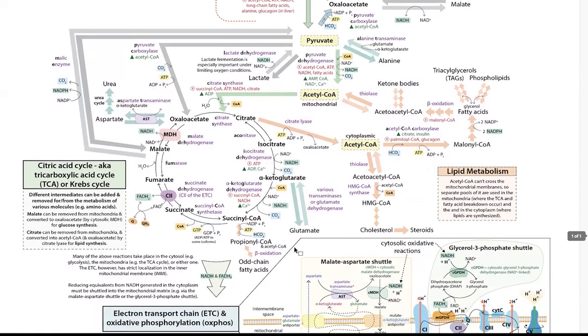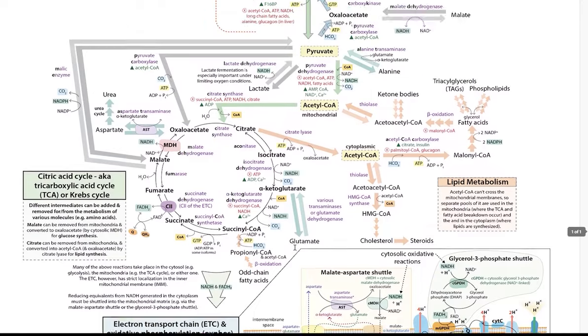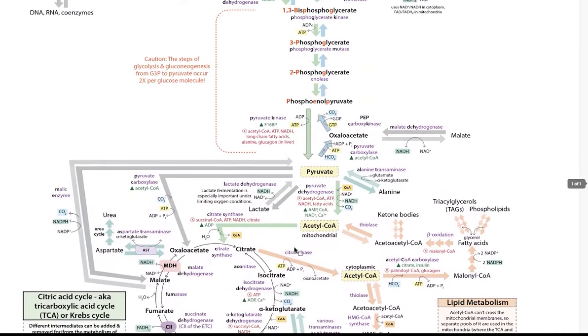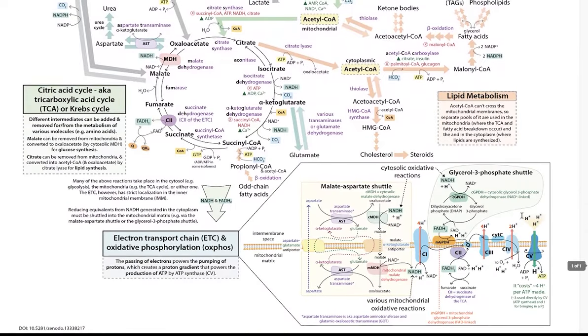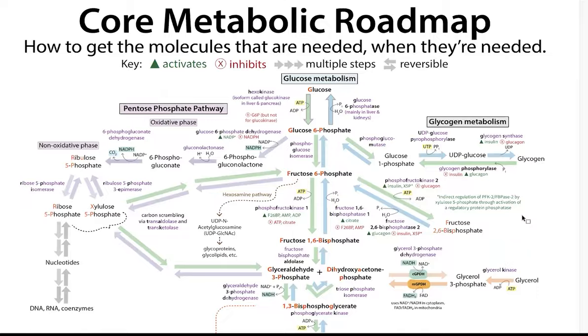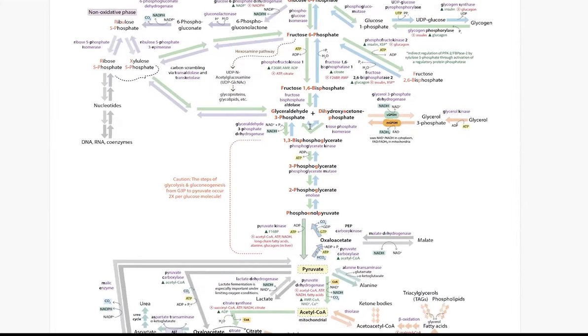But sometimes you have too much energy. And so if you're breaking down a bunch of glucose and now you're building up a bunch of ATP, we want to say, okay, let's stop this process. What else can we do? So if we look at our road signs, we'll see that a lot of these enzymes involved in these catalytic reactions are going to be inhibited by ATP.